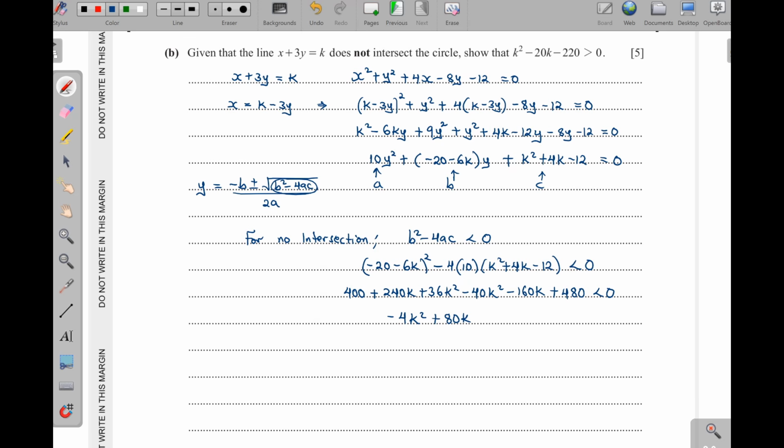And then 400 plus 480, isn't that 880? So plus 880 less than 0.